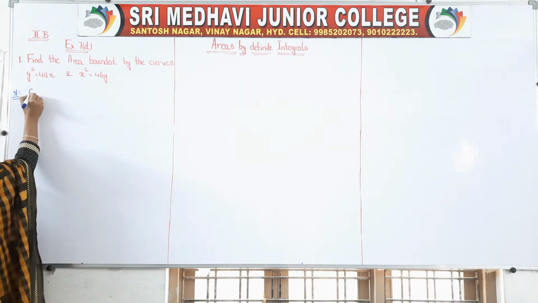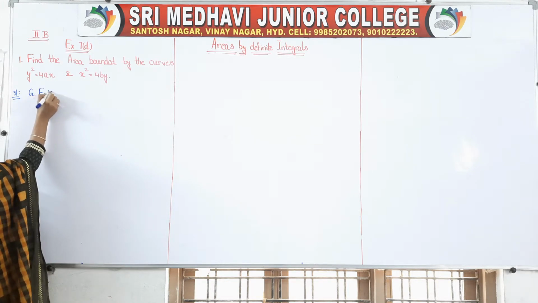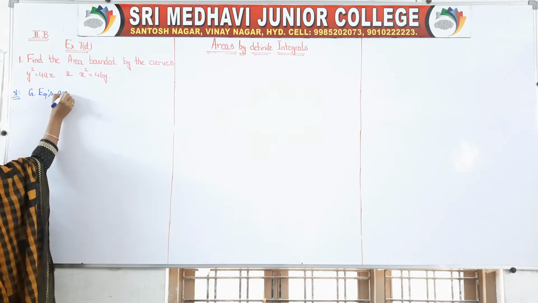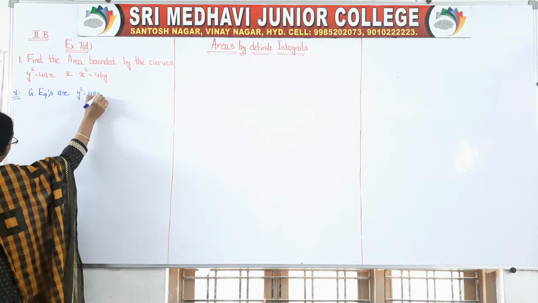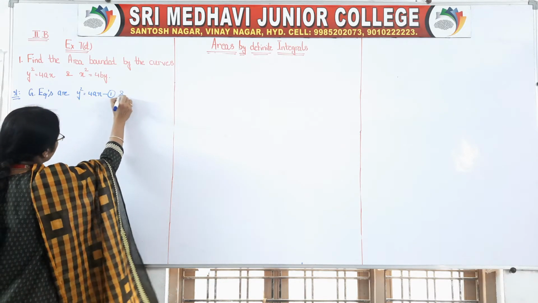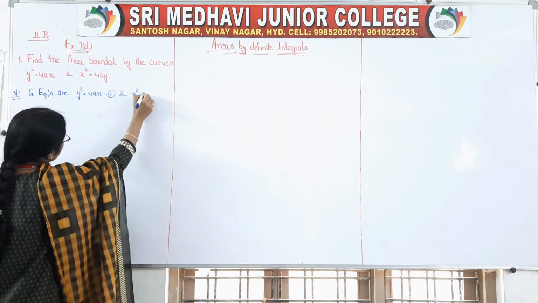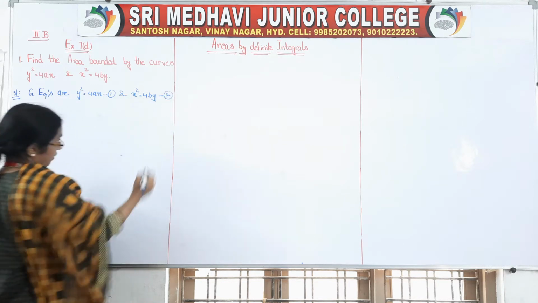Given curve equations are, so what are the equations? y square is equal to 4ax. You consider that as the first equation, and x square is equal to 4by. This is your second equation.